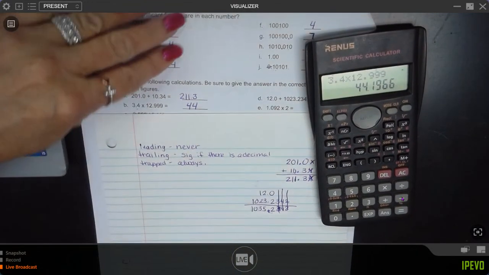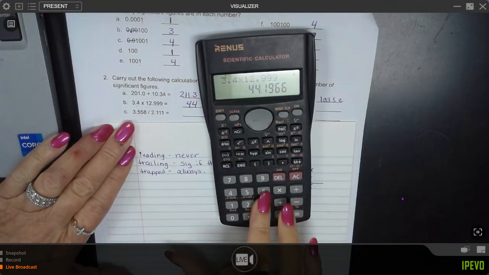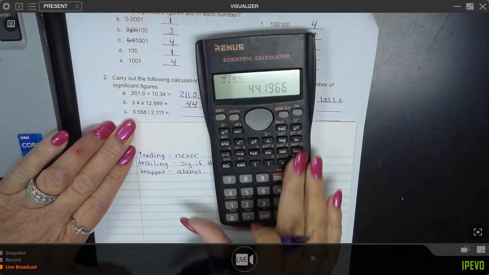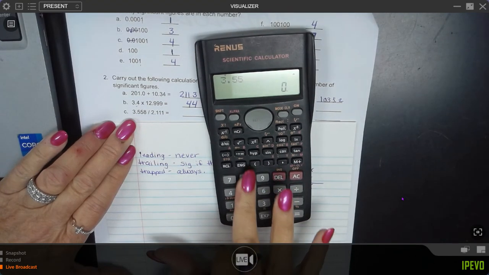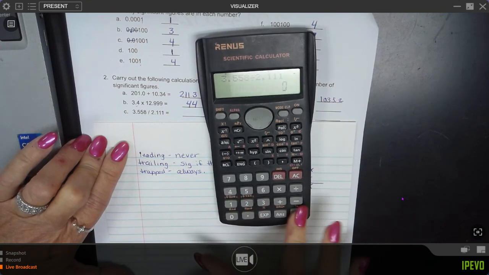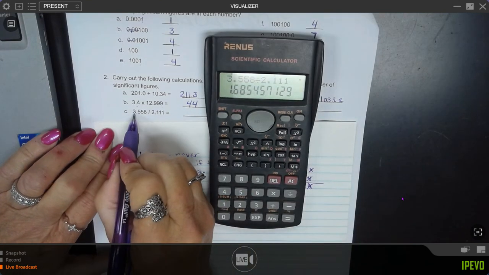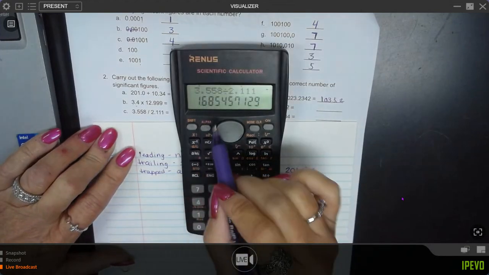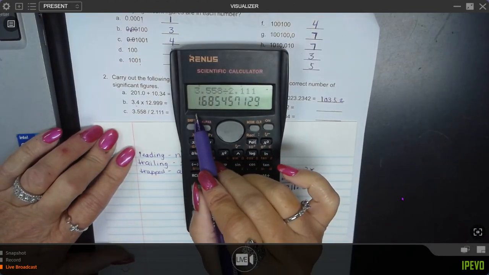All right. 43.558 divided by 2.111. Okay, both of these numbers have 4 sig figs, so my answer can have 4 sig figs, so 1.685.